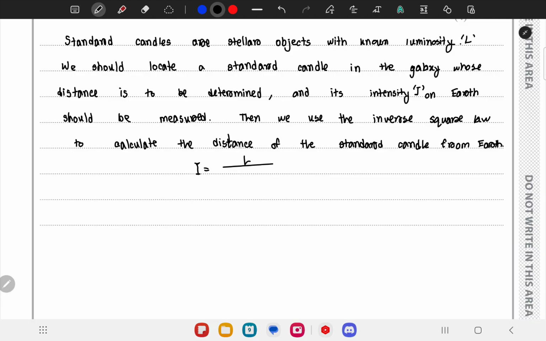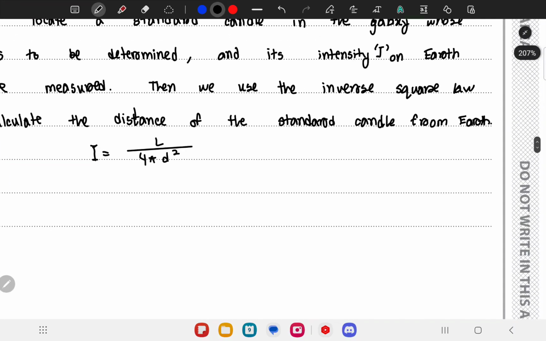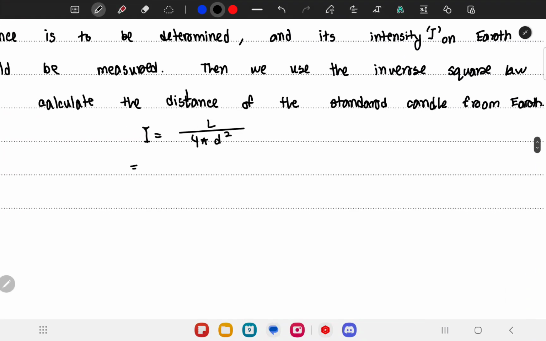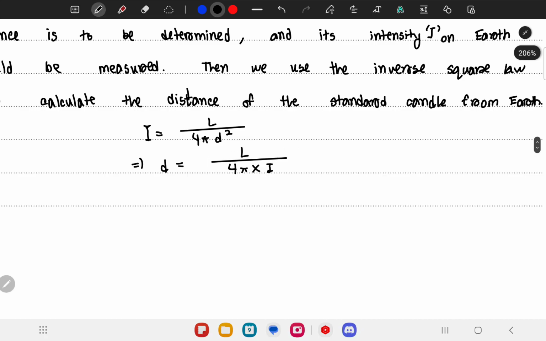The intensity is luminosity divided by 4 pi d squared. The distance of the standard candle from Earth is d over here. Now we can make d the subject. We'll get the square root of luminosity divided by 4 pi times intensity.